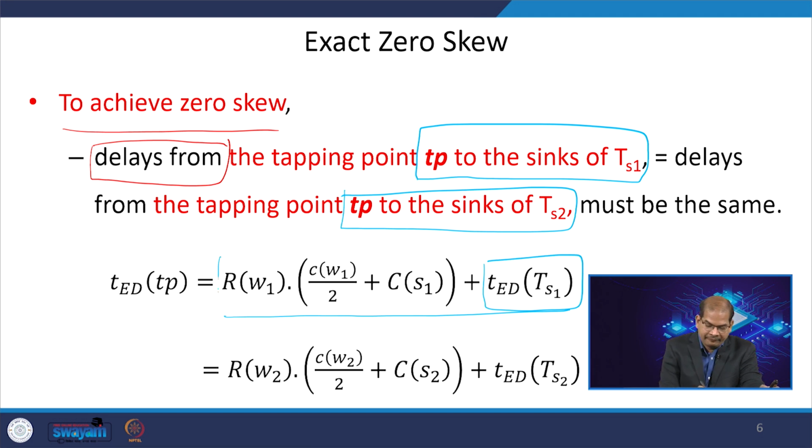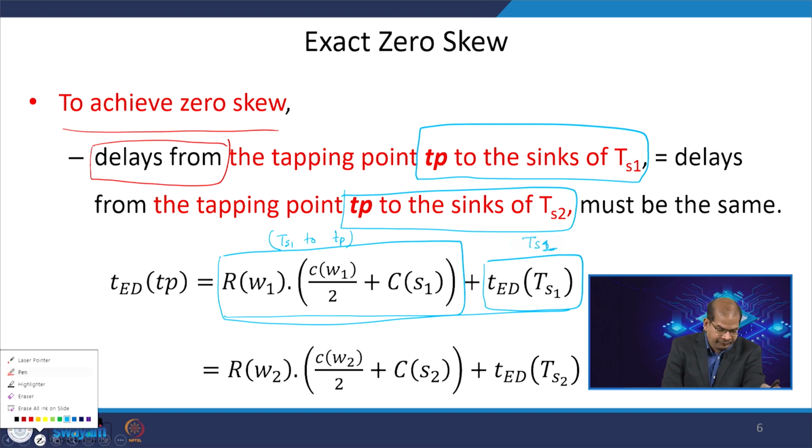This is the delay of the interconnect from Ts1 to Tp, and this is the delay till Ts1. These delays are additive, so we can add them.